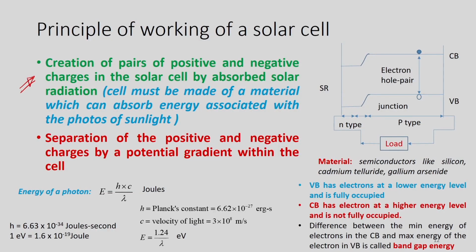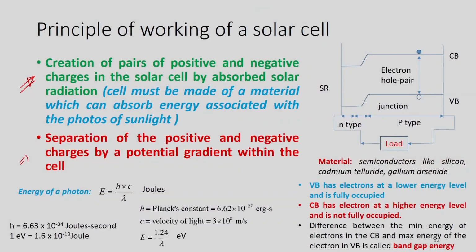So, we have two working principles: creation of pairs of positive and negative charges, then separation of positive and negative charges by a potential gradient within the cell. So, it is certain that the material we use has the capability to absorb the energy associated with the photons carried by sunlight.